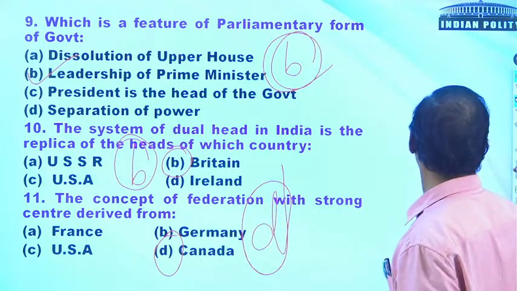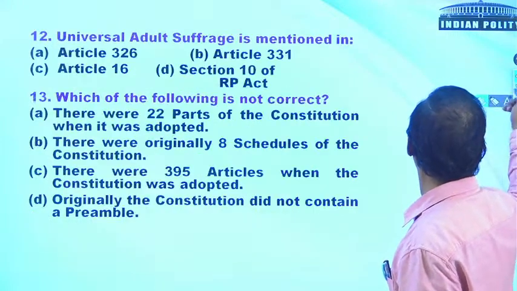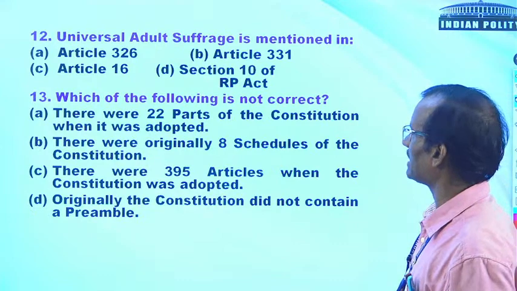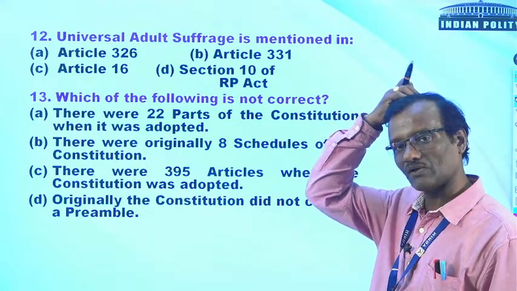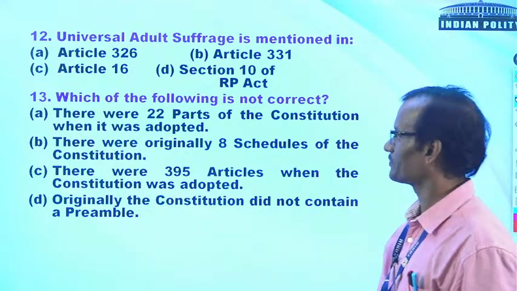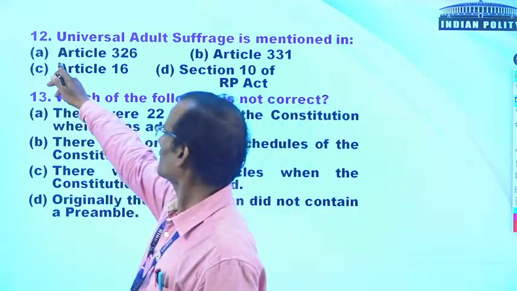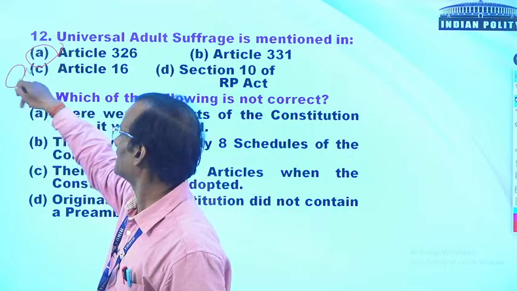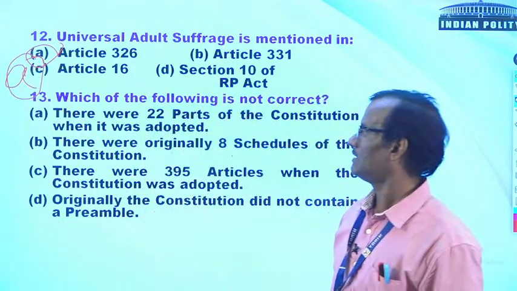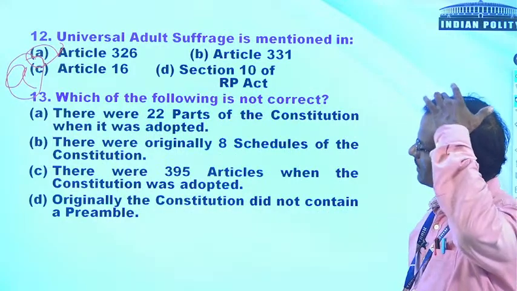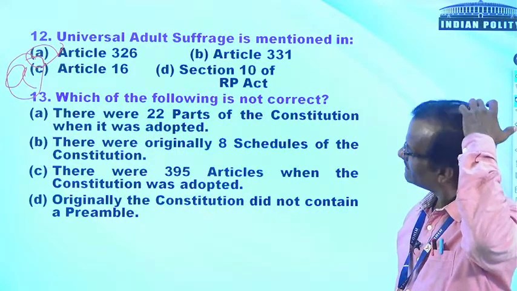Now, question number 12. Universal adult suffrage is mentioned in Article 326 of the Constitution, in Part 15. Which of the following is not correct?